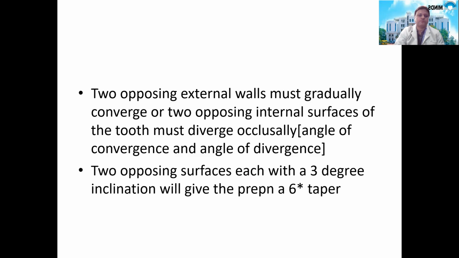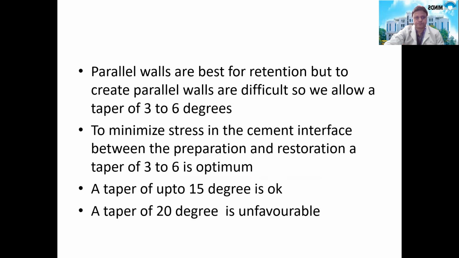So this is what we are looking at, an ideal taper of 3 degrees each, giving a preparation with a 6 degree taper. A taper up to 15 degrees is considered safe. Beyond 20 degrees is unfavorable. And 22 degrees is the maximum taper which you can give, when you are considering using resin cements.